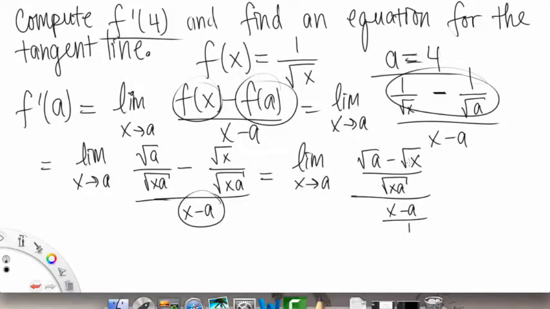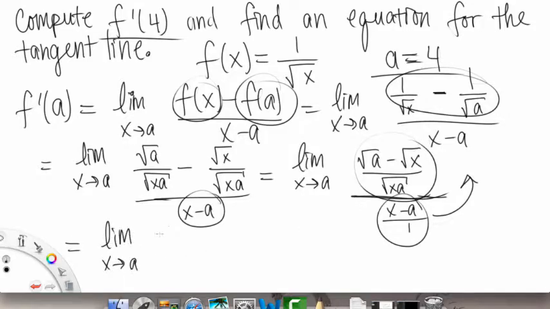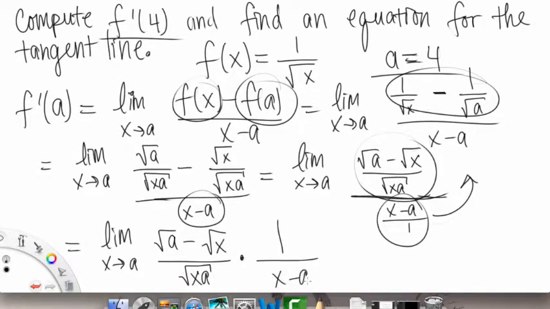So we have a lot of fractions going on here, but all we have to do is keep them straight. We have this top fraction and the bottom fraction, and now I'm just going to flip that up and multiply times the reciprocal. So this turns into the limit as x approaches a of square root of a minus square root of x, over square root of x times a, times 1 over x minus a.